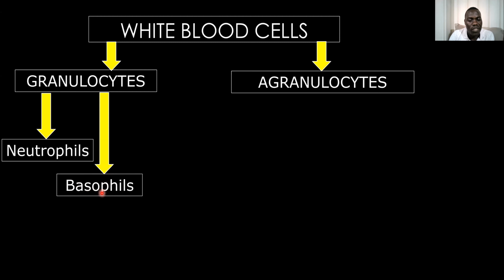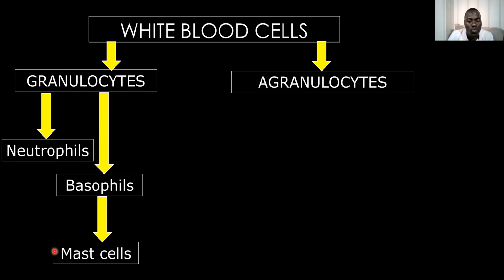When basophils leave the blood circulation, they become what we call mast cells. But they have similar functions. They act by releasing their granules, and these granules then mediate allergic reactions. Usually, they'll bind to antibody E so that they can mediate these allergic reactions.